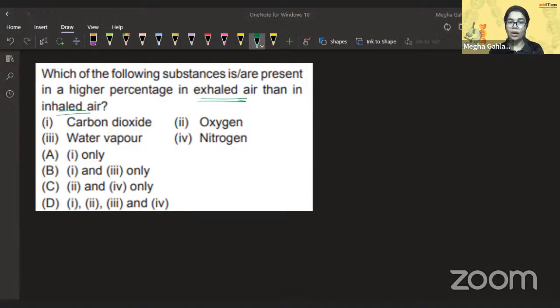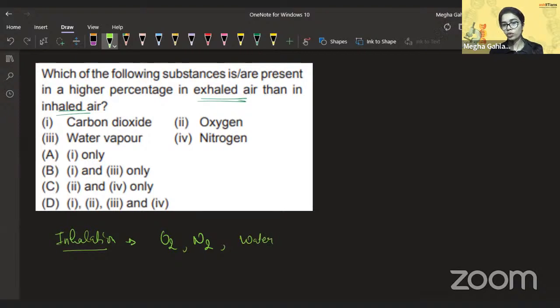Now, how exactly is that working out? You have to see, if we are exhaling and inhaling, there are two things involved in the matter of the percentage of the components, right? So during the inhalation of the gases, we have the maximum amount of oxygen, nitrogen, and some amount of water vapors, right?